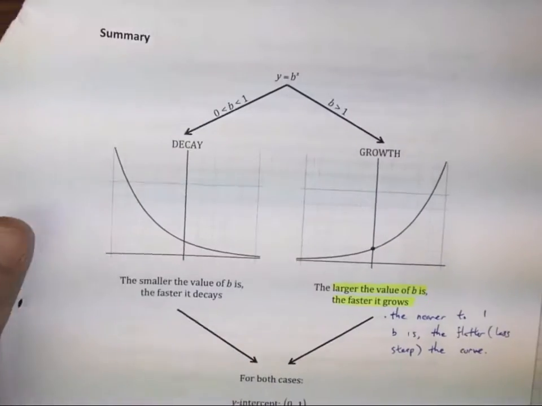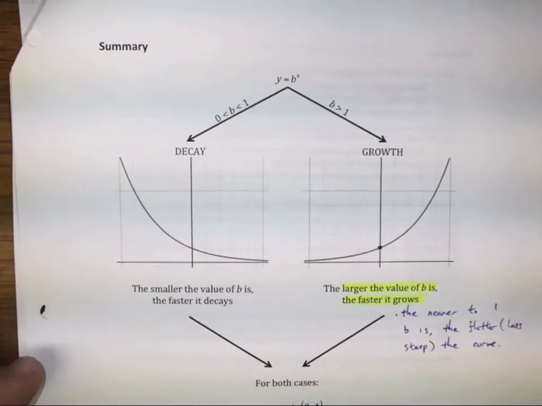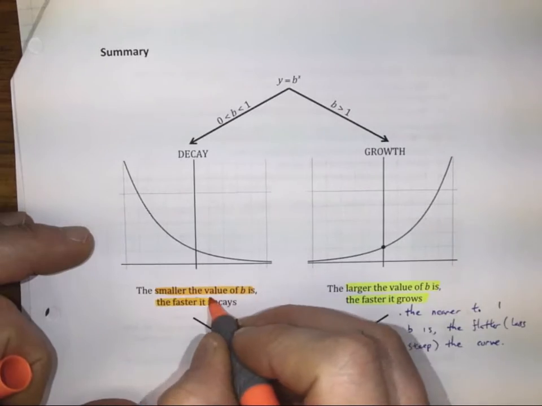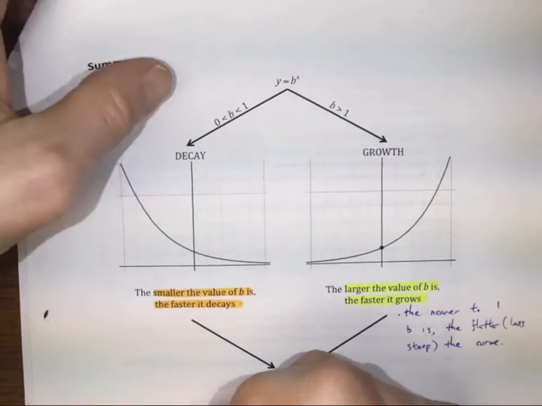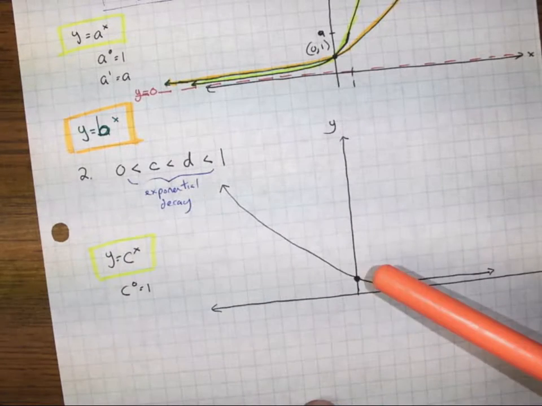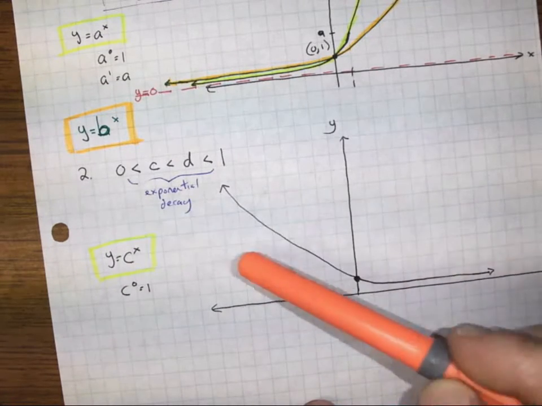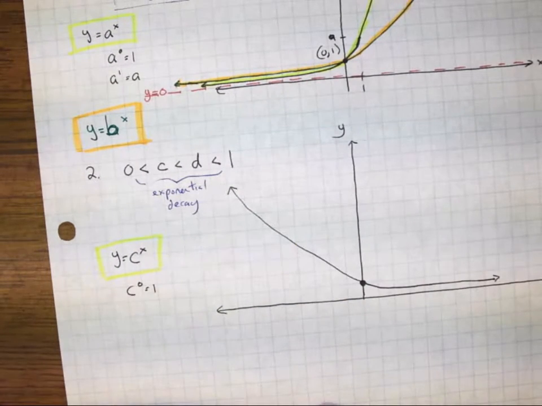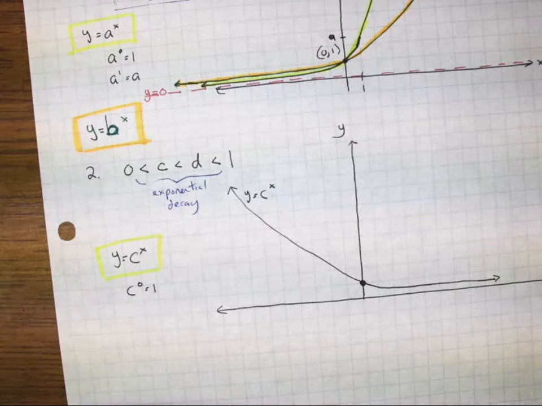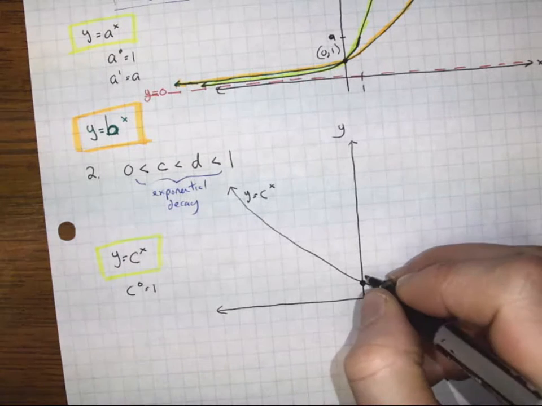As a rule, the smaller the value of b, the faster it decays. So the smaller our base value, the faster we're going to decay, and our next graph is going to decay slightly slower in both directions. Okay, that's our curve y equals C to the power of x, and we'll highlight that in a second.